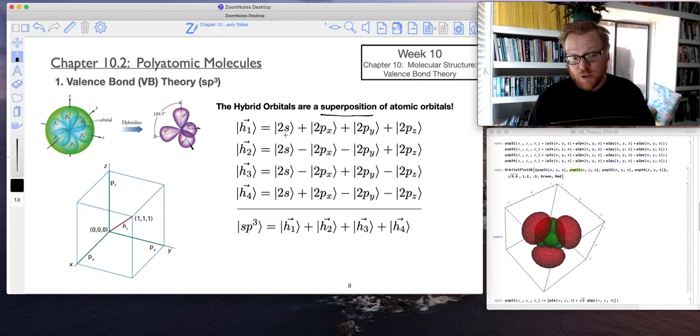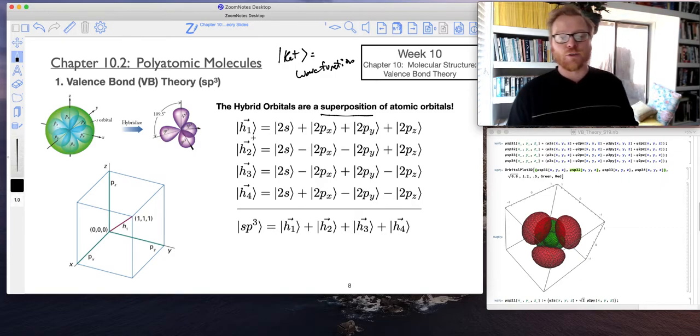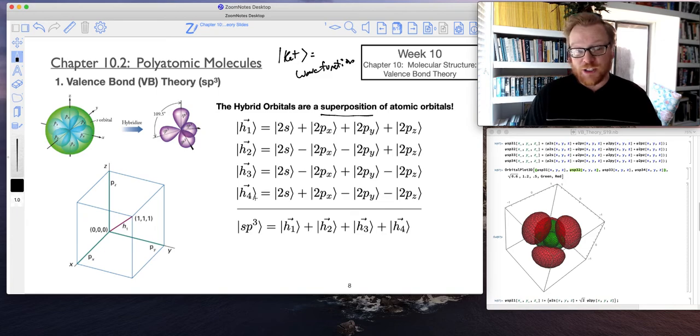I'll remind you, our ket means wave function, just as a friendly reminder, okay? And here, there are 4 new wave functions we're going to create, the H1, H2, H3, H4, and I've put this little vector notation right there to indicate that each one of these wave functions ends up with a direction-specific orientation.